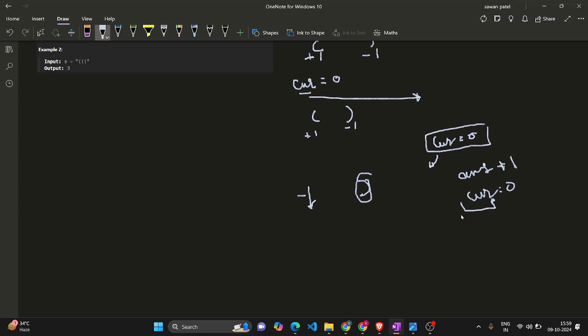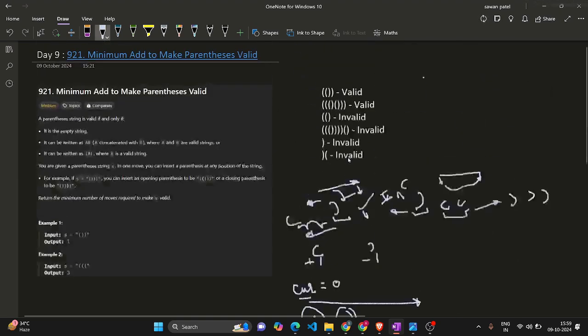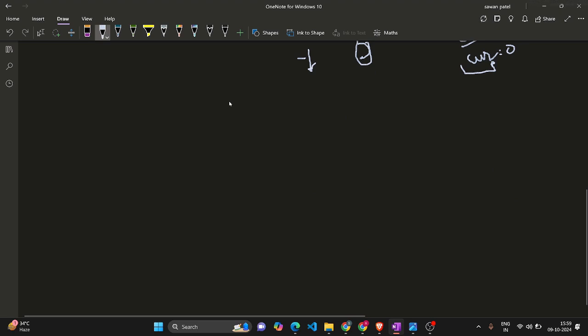So we need to add this current to our answer, so that we manage our opening parentheses with closing ones, right? I hope you are clear with the solution.